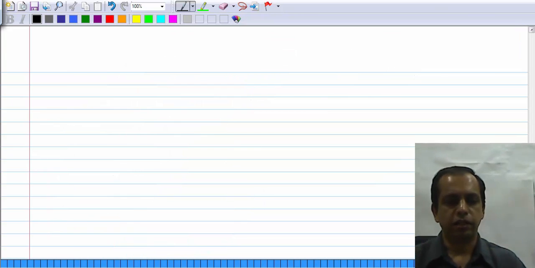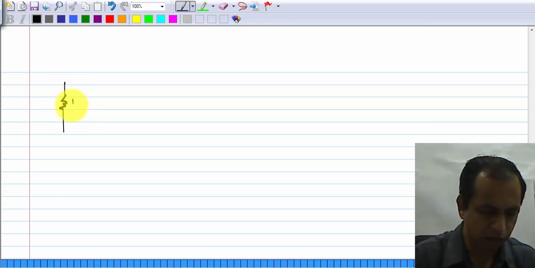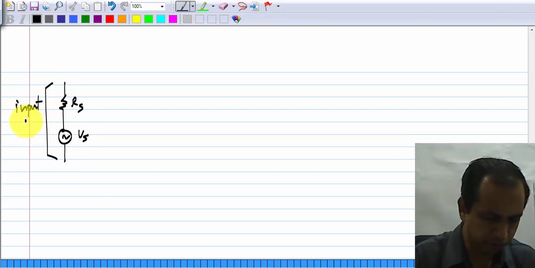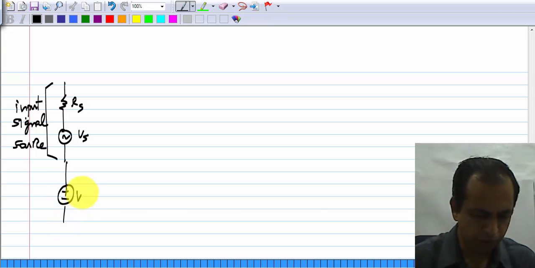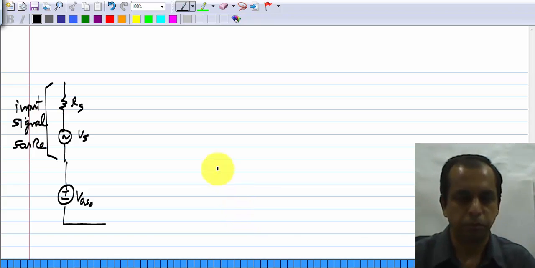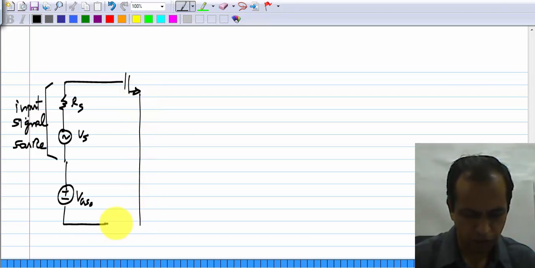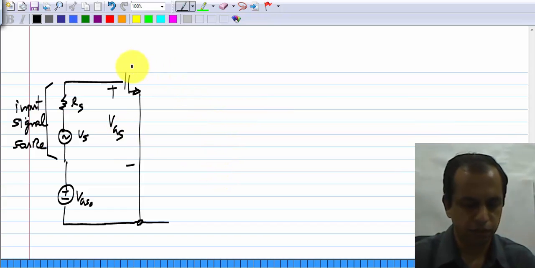So, finally, the picture of our basic amplifier looks like this. We have the input source, and that is connected in series with a voltage source which provides the operating point for the gate source voltage, and we connect it to the gate source of the MOS transistor.